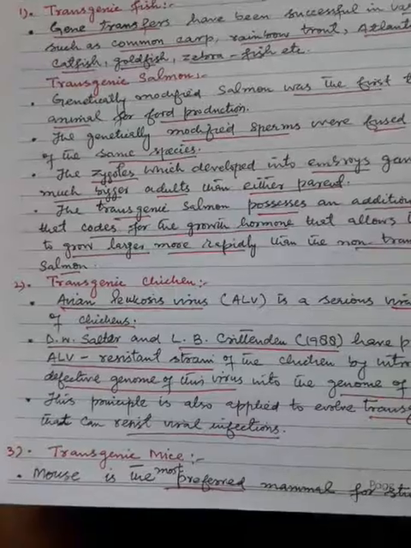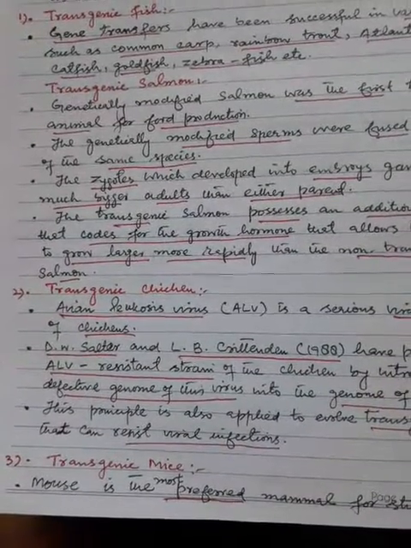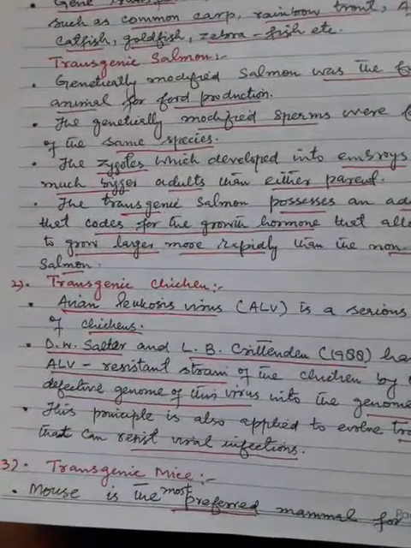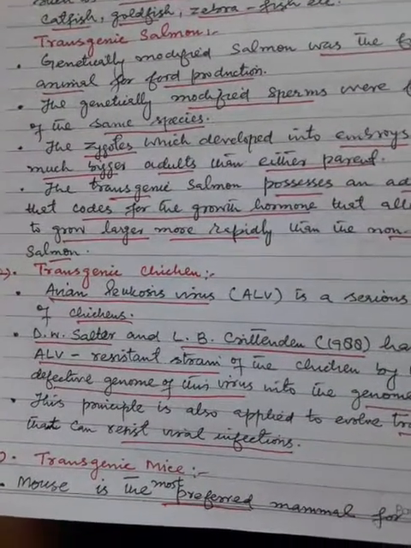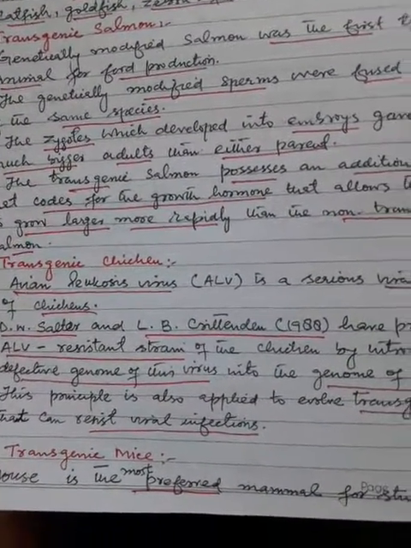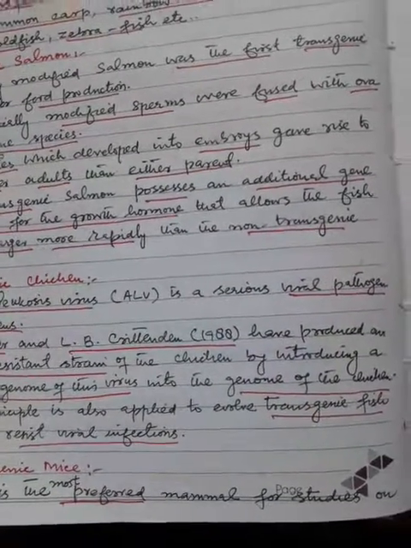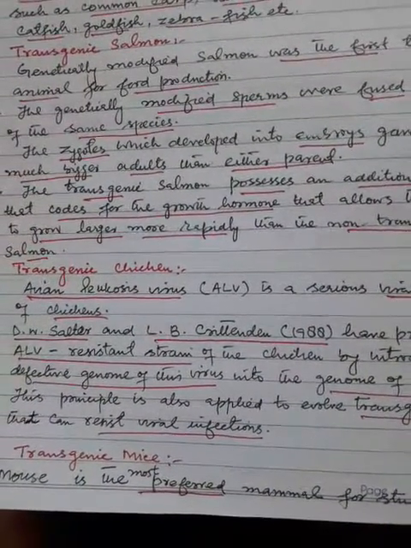Now, another example of transgenic animal is transgenic chicken. Avian leukosis virus or ALV is a serious viral pathogen of chickens.